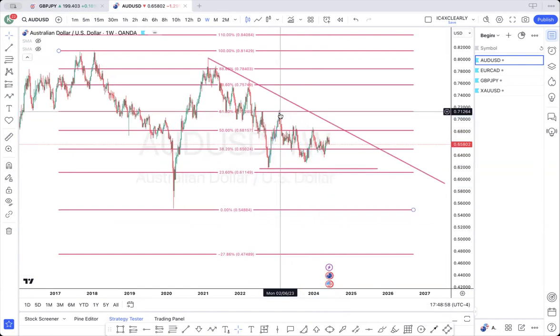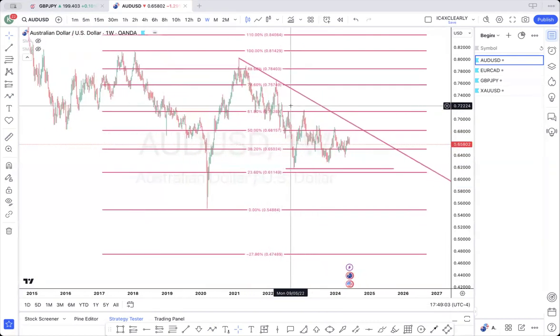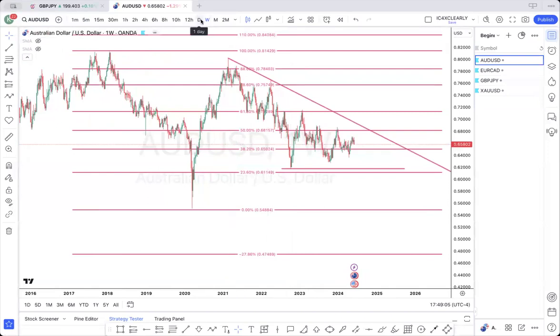Now what I do is go in based on the weekly or the daily, whatever time frame you mark up your key levels on. Any time frame below that is part of the key level.